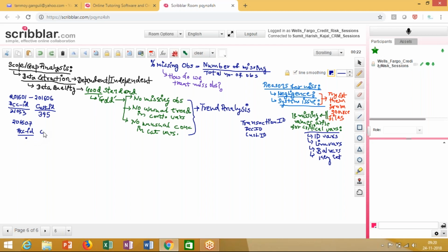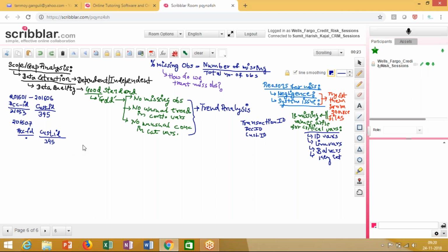But that particular customer ID still exists. So it means that all the transactions have happened for this customer corresponding to this particular account ID, but this particular account ID is missing.